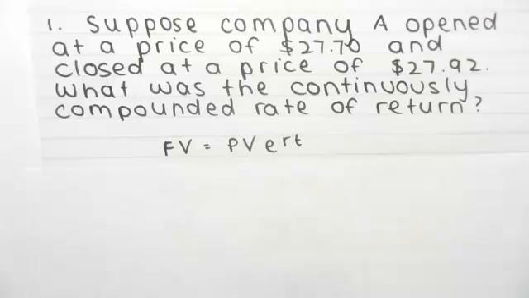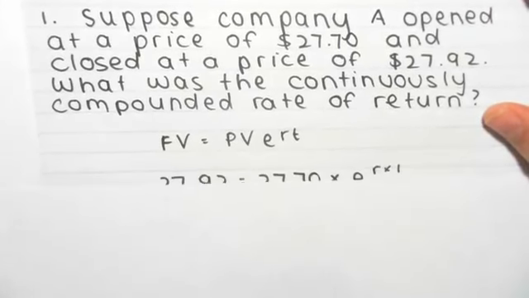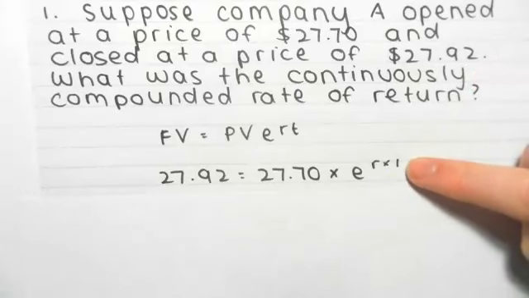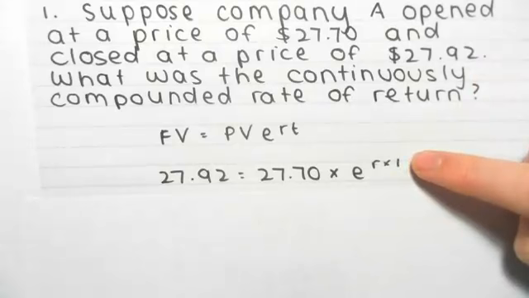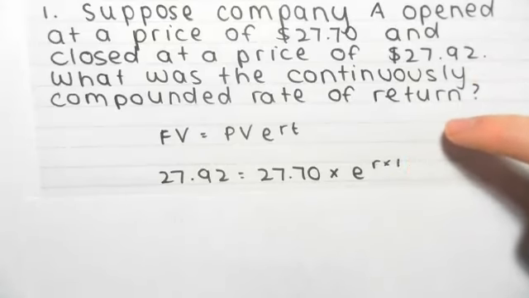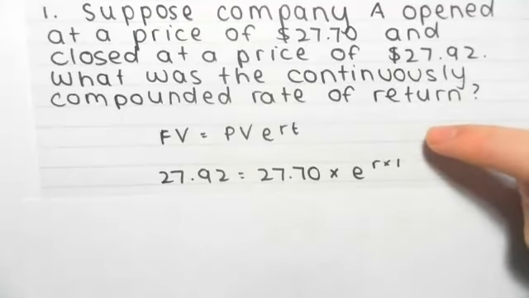It's not a series of cash flows, it's simply an opening and closing price. So we'd use this formula, and we're trying to find r. Now this occurs over a single day period, so if we make t equal 1, we're going to get a continuously compounded per day rate. So it's important to understand the impacts of what you're putting into the formula.